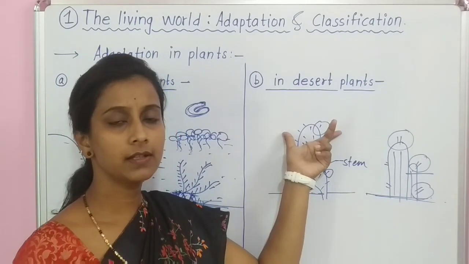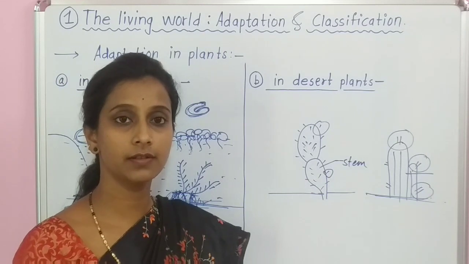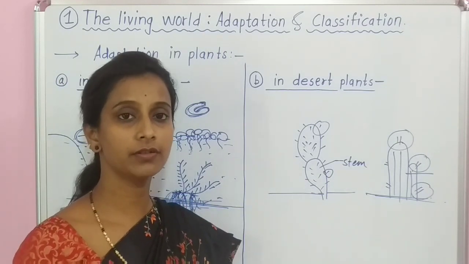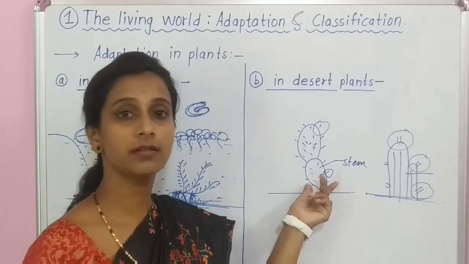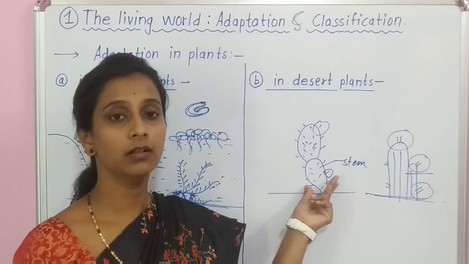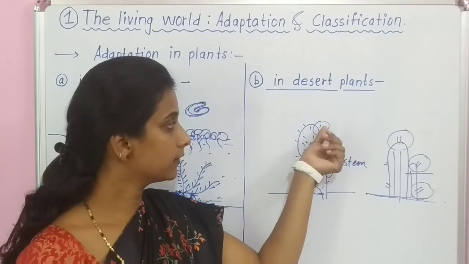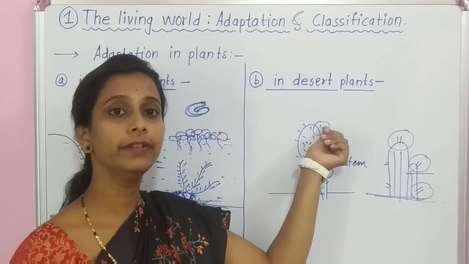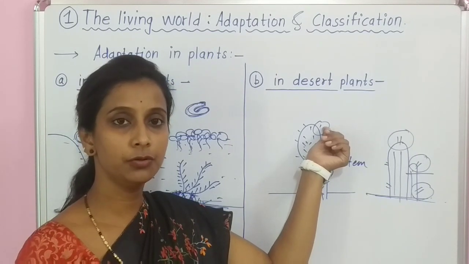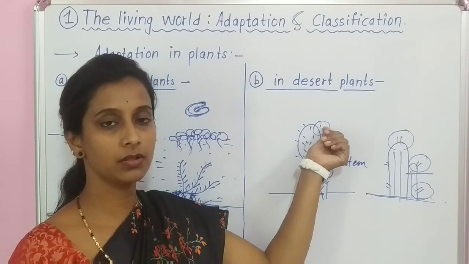As no leaves are present, who performs the role of photosynthesis? The answer is the stem of the desert plant. As leaves are converted into spines, very little evaporation takes place.